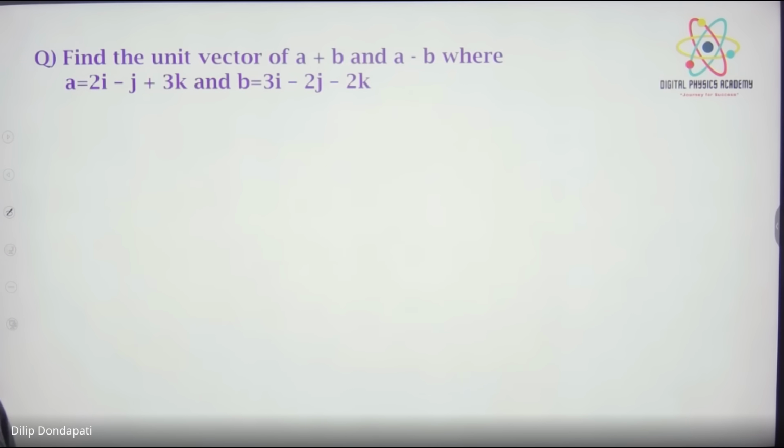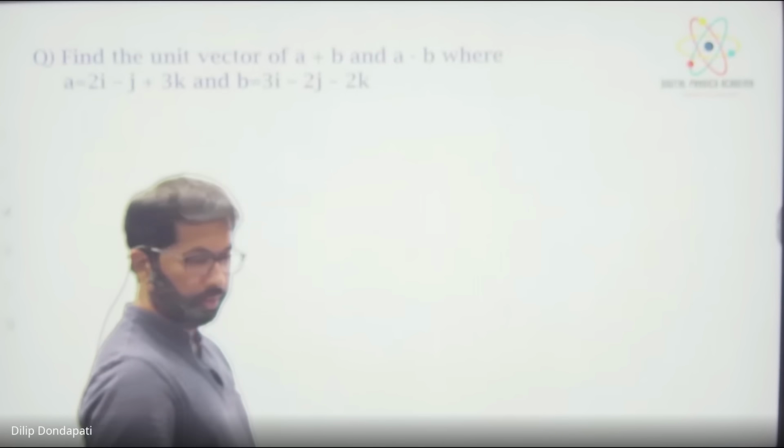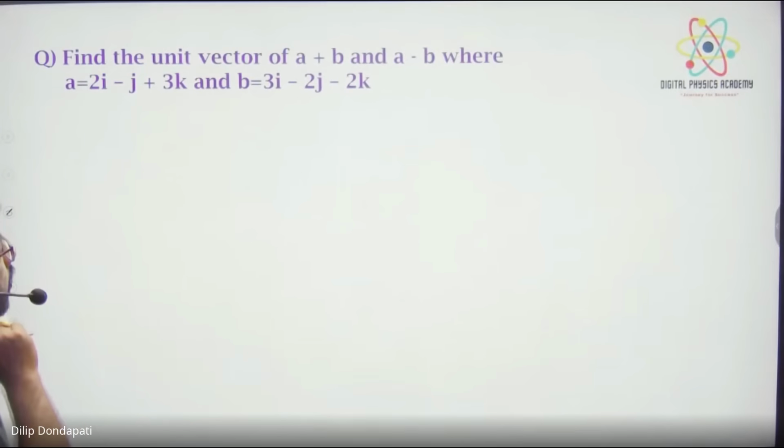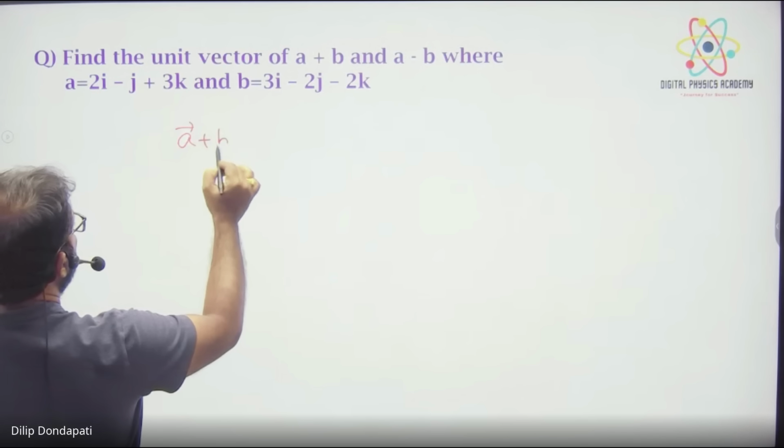Find a unit vector of a plus b and a minus b. मतलब first we have to find a plus b and then find the unit vector of a plus b का. Similarly, second a minus b करो, उसका unit vector find करो. A vector plus b vector, simply add.